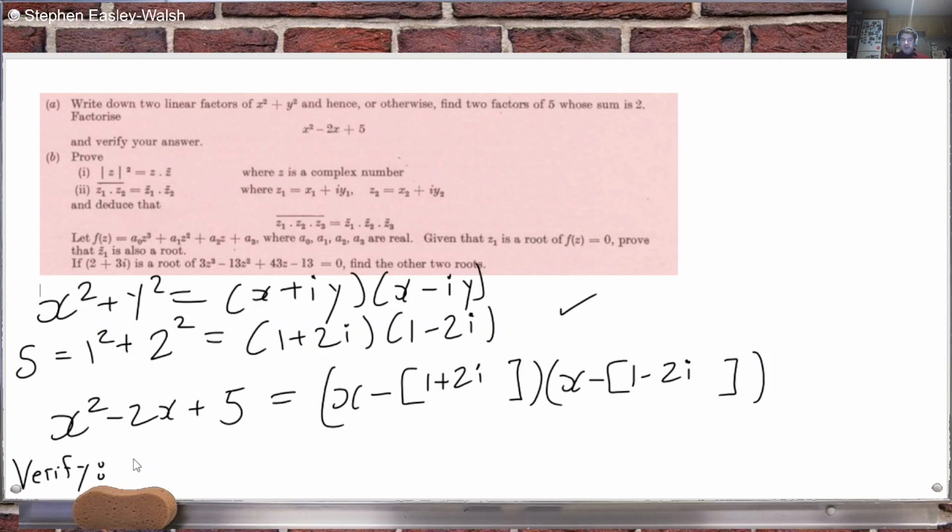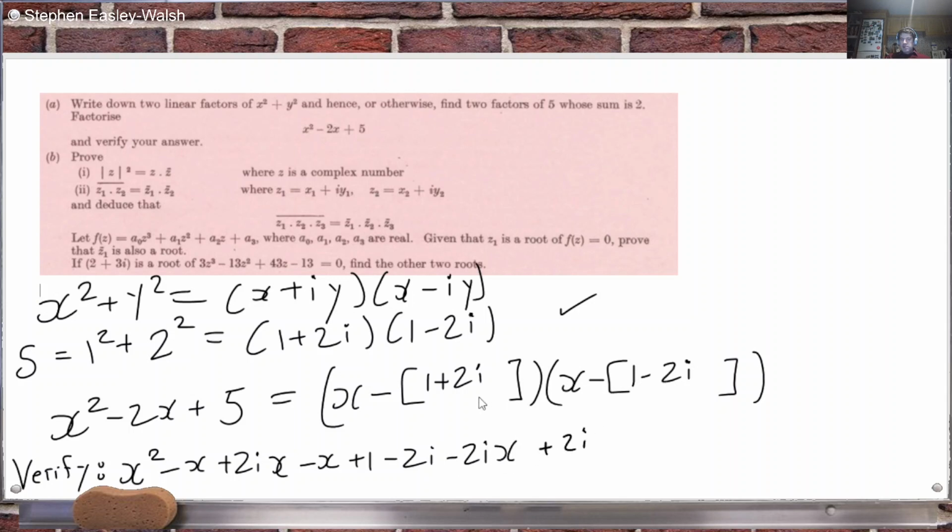So if we multiply this out, you get x squared. x by x is x squared. And then that's minus x plus 2ix. And then you multiply by minus 1. So that's minus x plus 1 minus 2i. And then you multiply by minus 2i. Minus 2ix plus 2i.